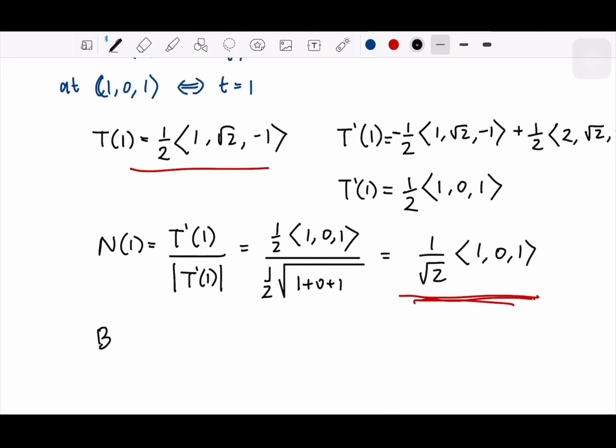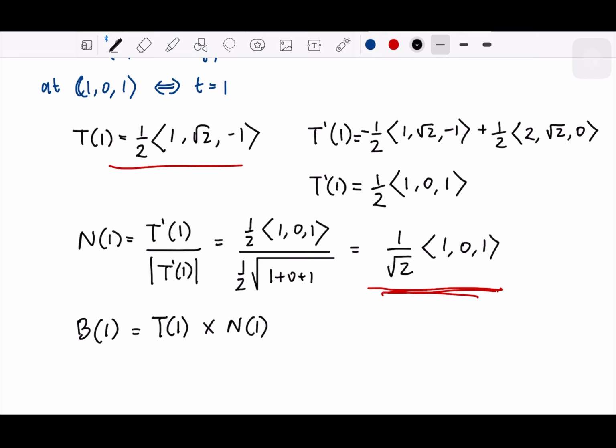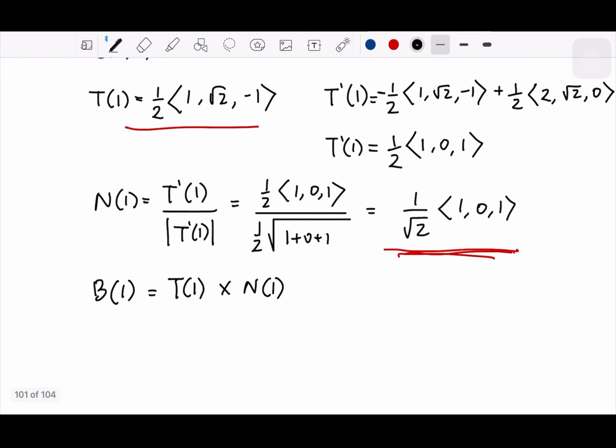The last one, or not the last one, the binormal. This is T cross N. So T is half of (1, square root of 2, negative 1), and N is as above.